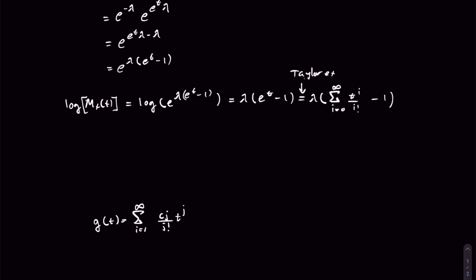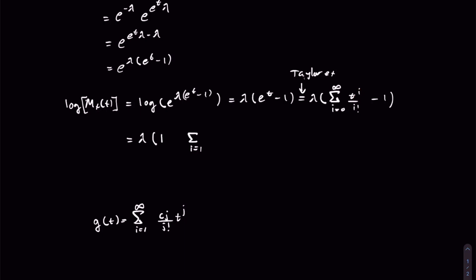So let's move that one step ahead and see what we get. Let's put it here because we've done the version where the first term in the sum is 0. So 0 factorial is 1, and t to the 0 is also 1.